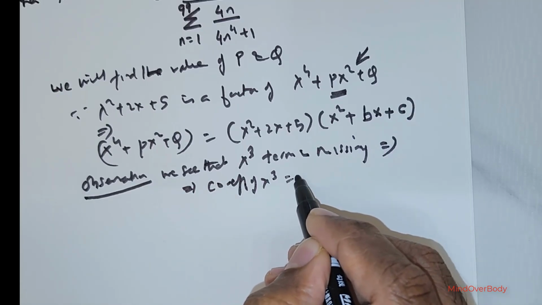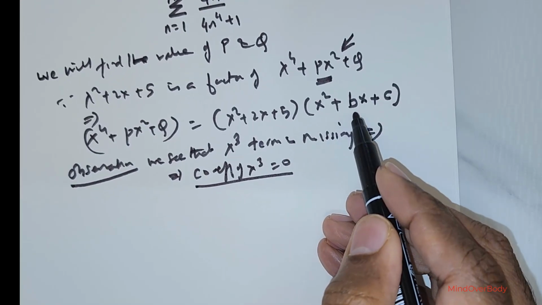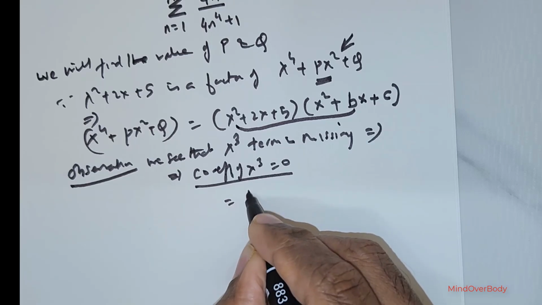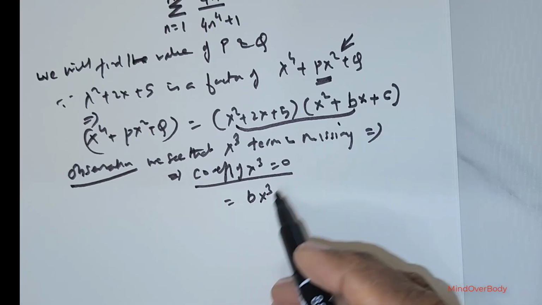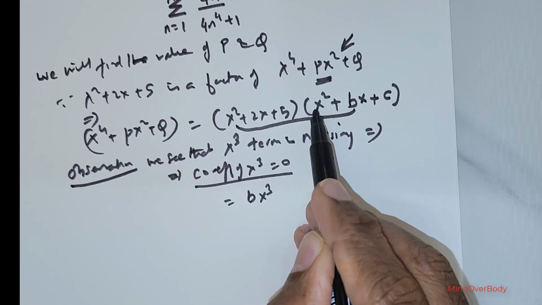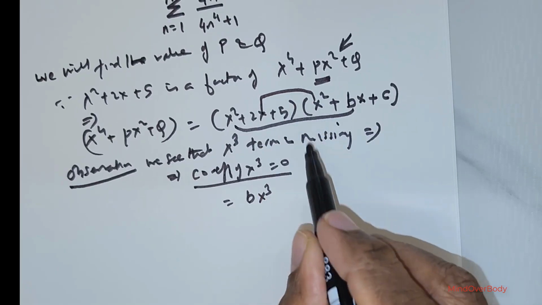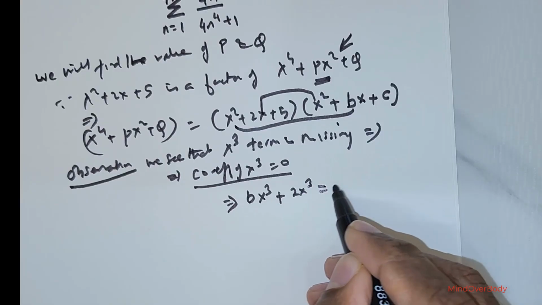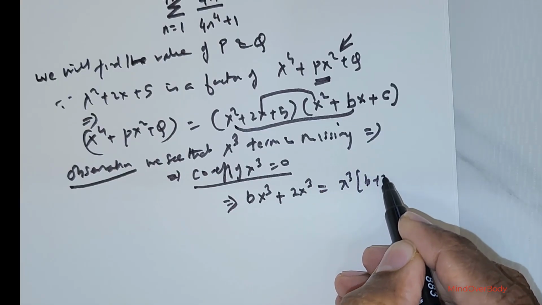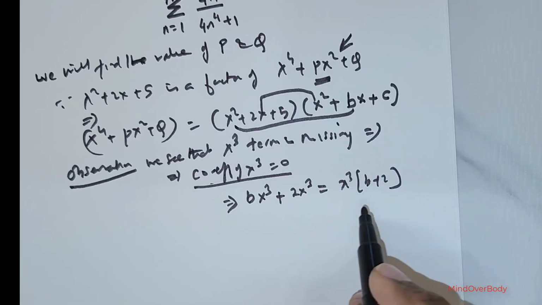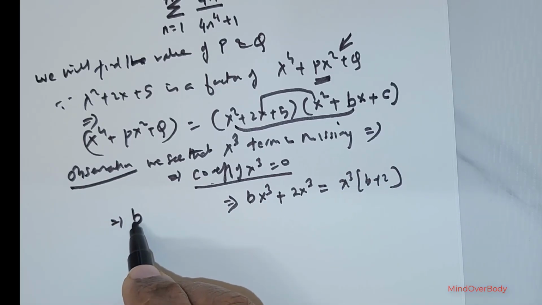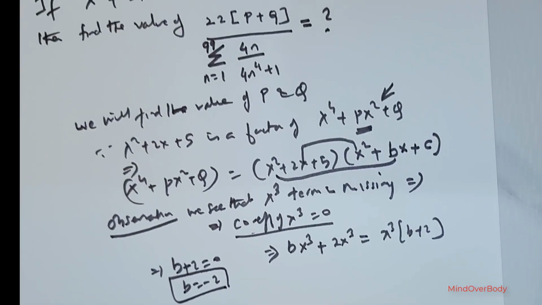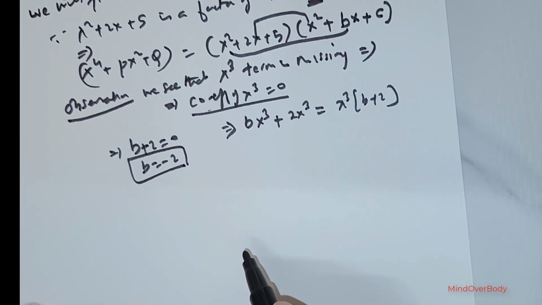Here the coefficient of x cubed is found in this fashion: b times x cubed, and then 2x times x squared, so 2x cubed is occurring there. So this is x cubed times (b plus 2). Since the x cubed term is missing, b plus 2 is equal to 0, so b is equal to negative 2. So outrightly we have that value for b.